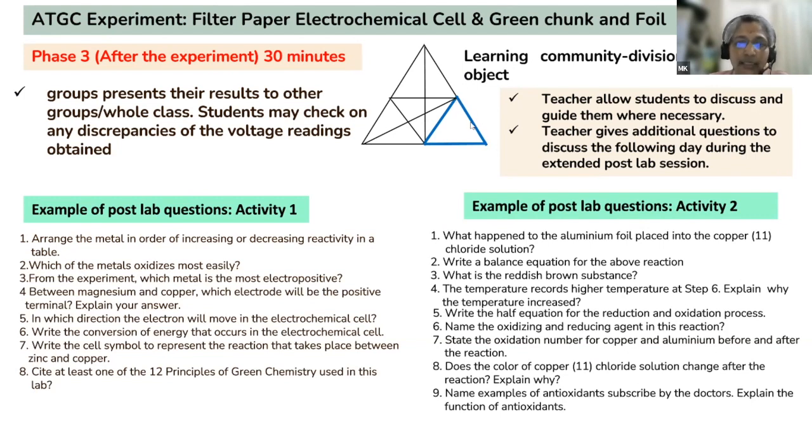So object, division of labor, and community. So it's not only that they discuss among their colleagues, friends and peers, they can also discuss with the outer community who has knowledge on the electrochemical series and also on green chemistry.